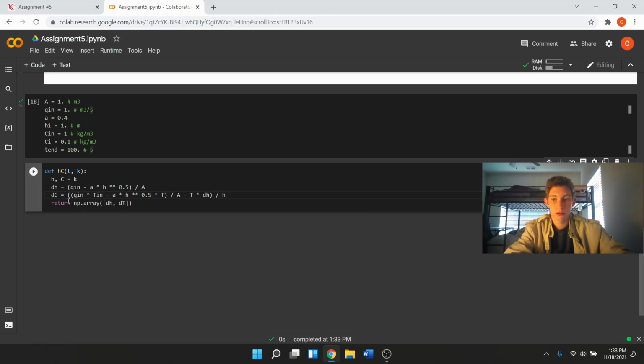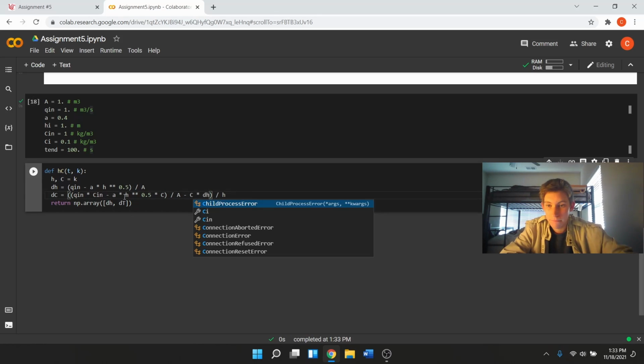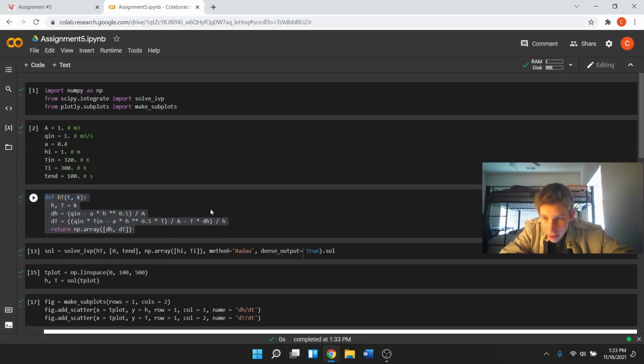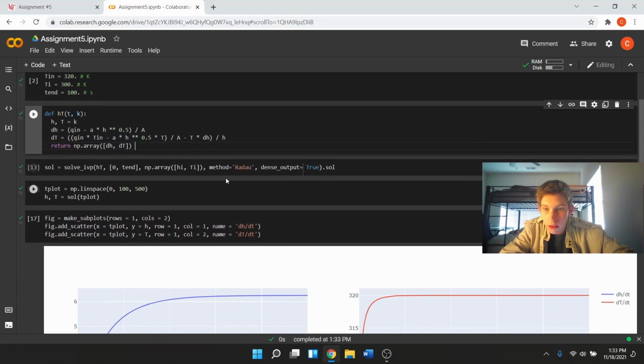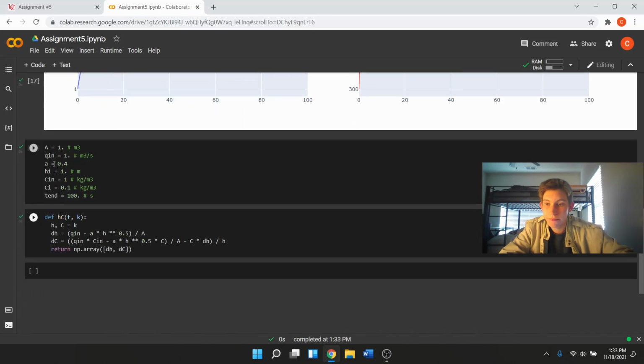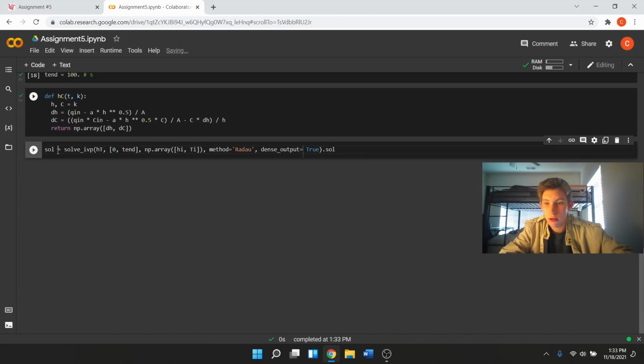So now where dt was, we're going to have to replace all of these with C for concentration. Same thing here. I'll call this solution 2.